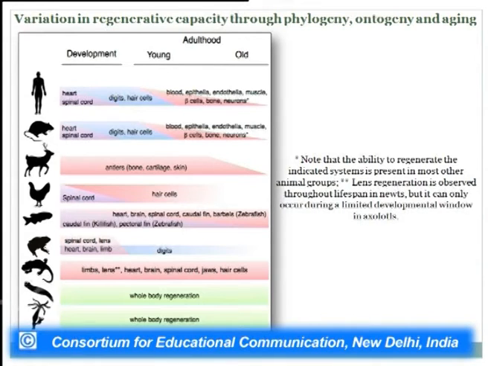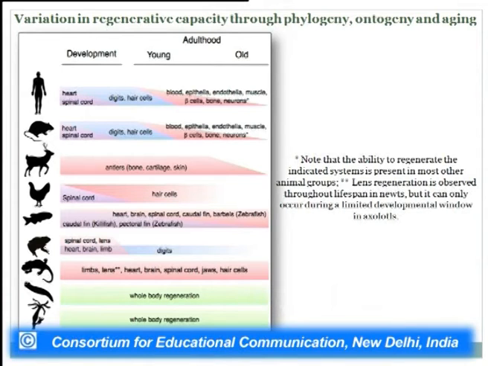We have also talked about the urodele amphibians, in which the limb, lens, heart, brain, spinal cord, jaws and hair cells can be regenerated. Then in anurans, the spinal cord, lens, head, brain and limb can be regenerated during the developmental stages. However, as they grow old, they cannot regenerate anything, but at young ages they might regenerate the digits.